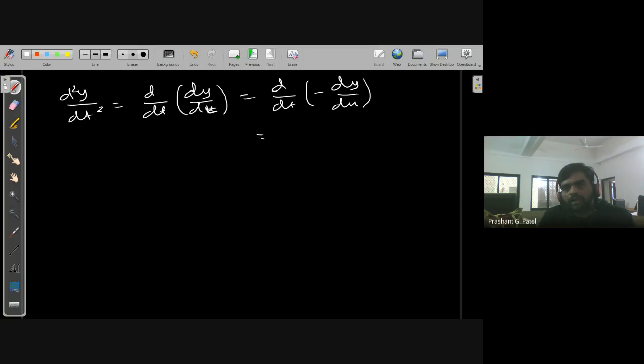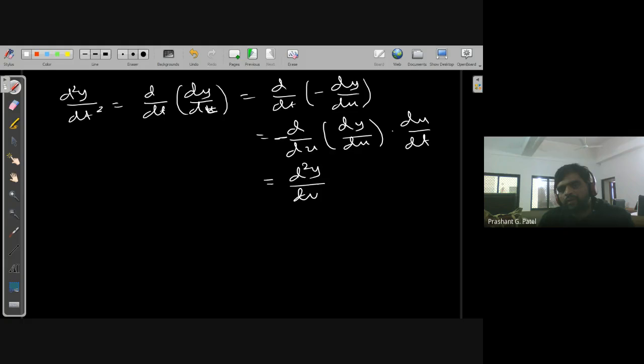But again, by applying the chain rule, dy by du stays, and that minus sign I can take out, and that into du by dt by applying the chain rule. Now du by dt is minus 1, so that minus minus becomes plus 1, and this is nothing but d square y by du square. So d square y by dt square is d square y by du square.